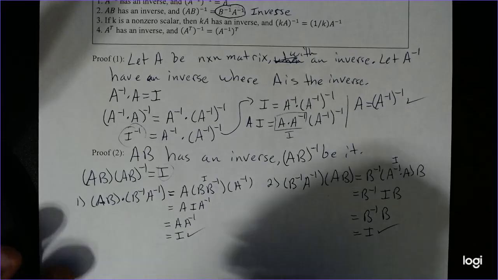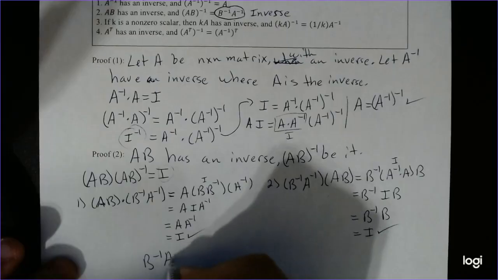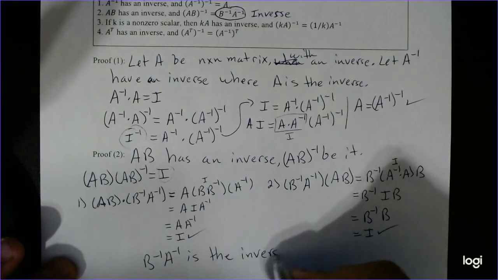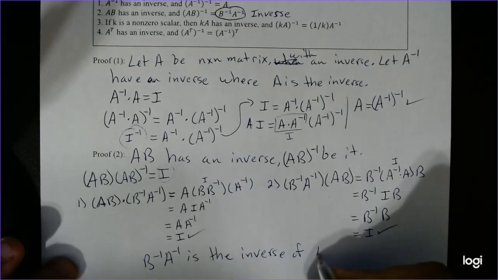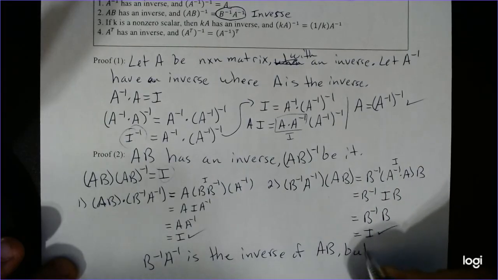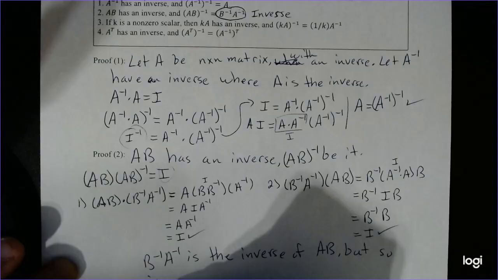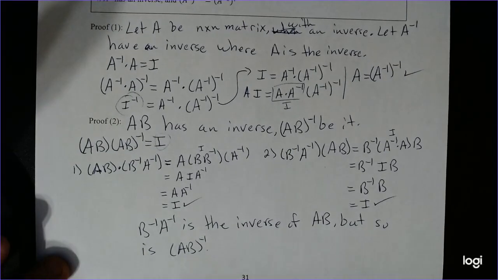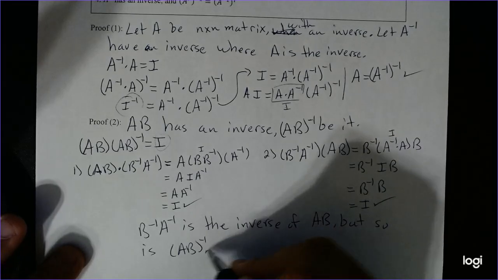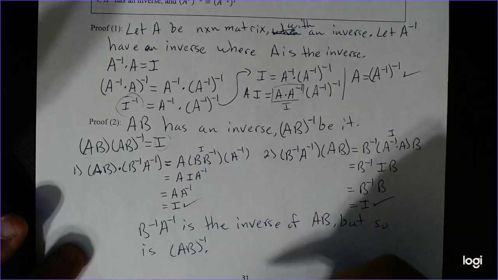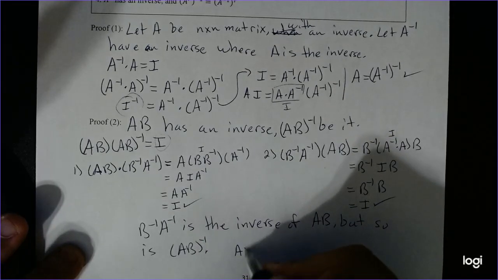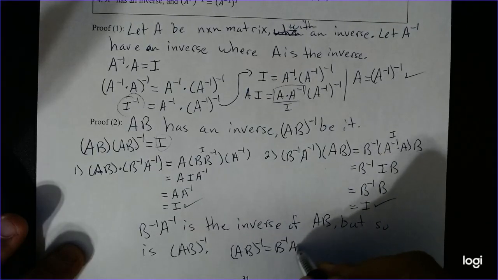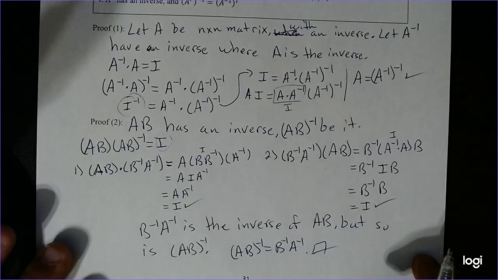So in fact, B inverse A inverse is the inverse of AB. But so is this. By the definition of inverses, they are unique. Well, if they're unique, therefore they're the same, because you can't have it being unique two different ways. There we go.